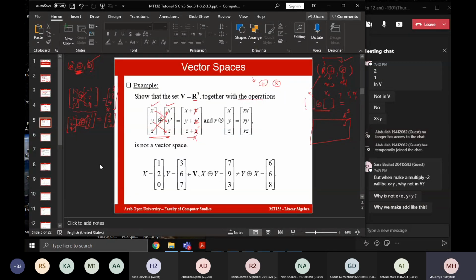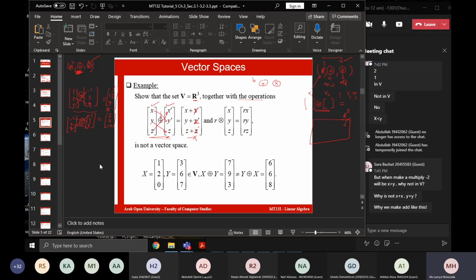He defined a new method. Now, what I want to tell you is that he can say, take the operations as they were defined, or he may define a new way for you. And he asks you, if I define the addition in this way, is it going to be a vector space or not? You got the idea?